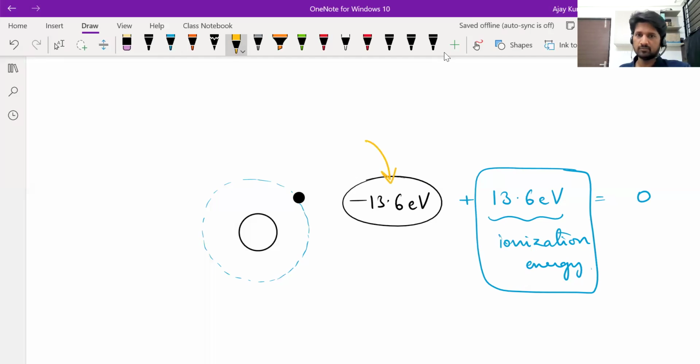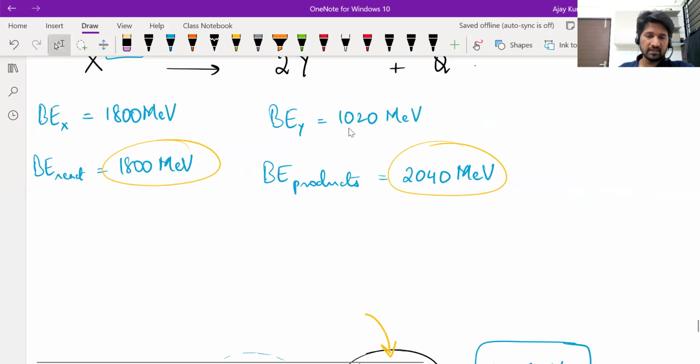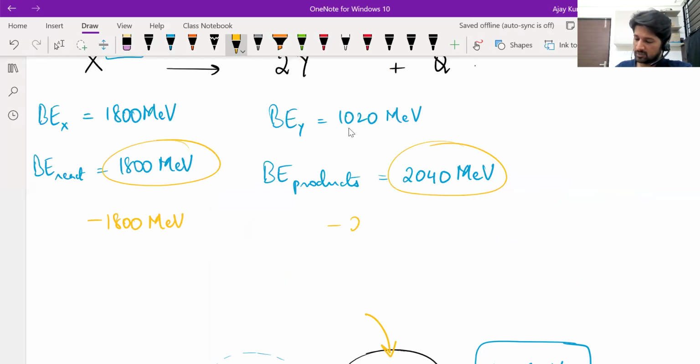Negative of that. So if the binding energy of the reactants is 1800 mega electron volts, it means the energy with the reactants is minus 1800 mega electron volts, and the energy with the products is minus 2040 mega electron volts. Now you see that product energy is less than reactant energy.